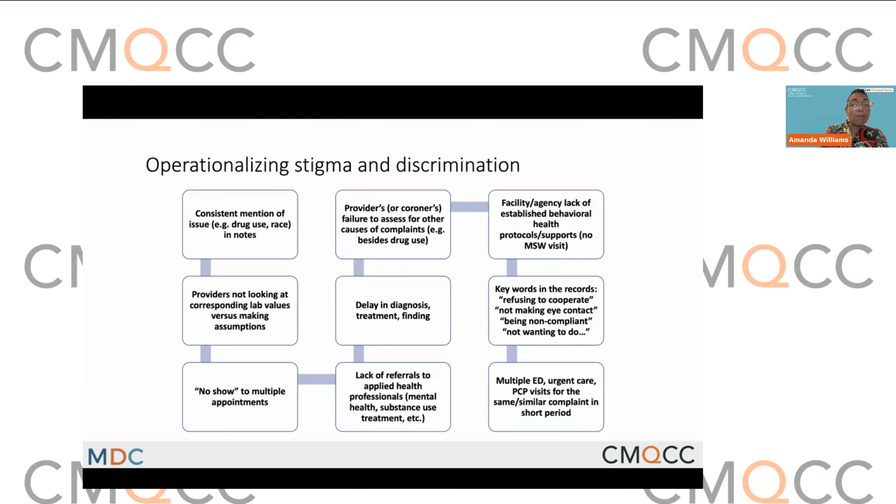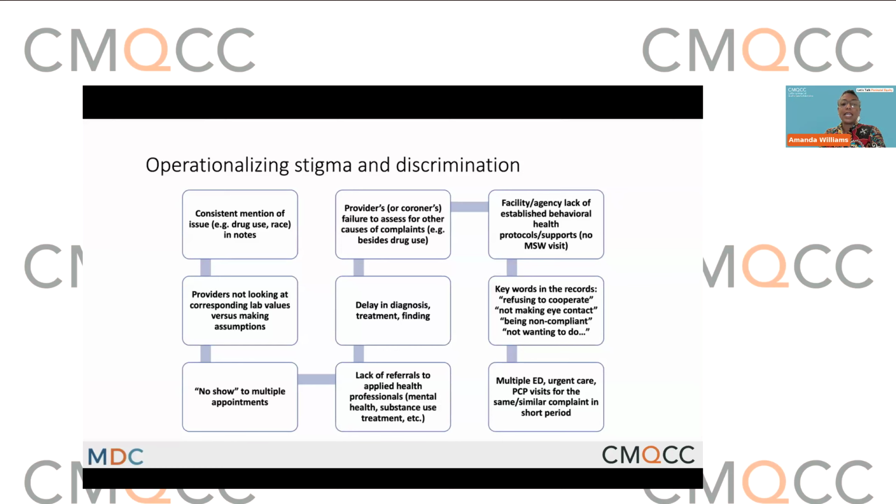Are all lab values being looked at? Are people being berated for no-showing as opposed to asking why they're not making it to the appointment? Are there delays in diagnosis and treatment?